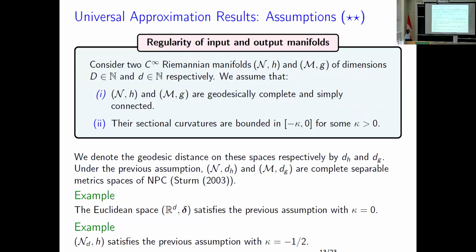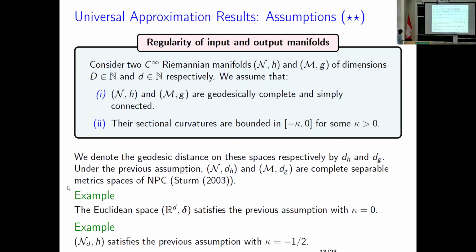Now, before stating this universal approximation result, there is an assumption on the regularity of the input and output manifolds. We take into account C infinity Riemannian manifolds of dimension capital D and small d, and we assume that they are geodesically complete, simply connected, and that the sectional curvature is bounded above by minus kappa 0 for some kappa greater than 0.